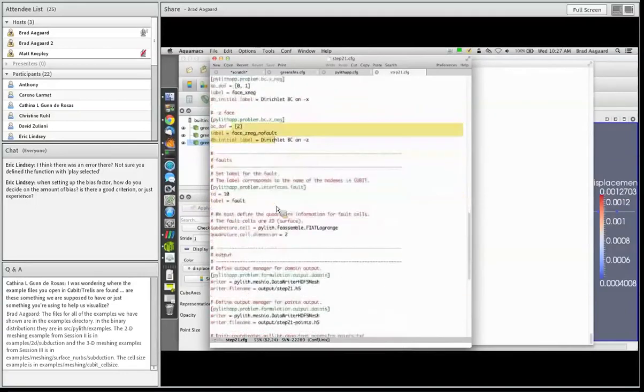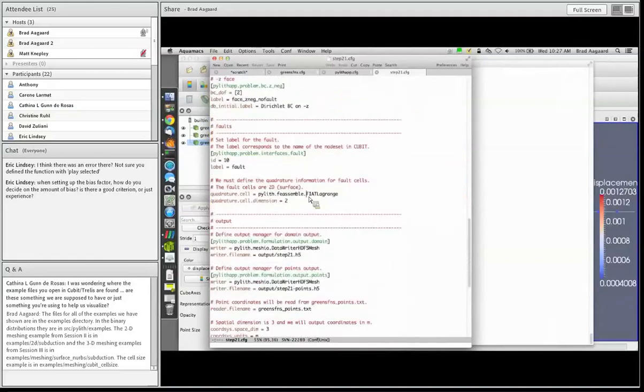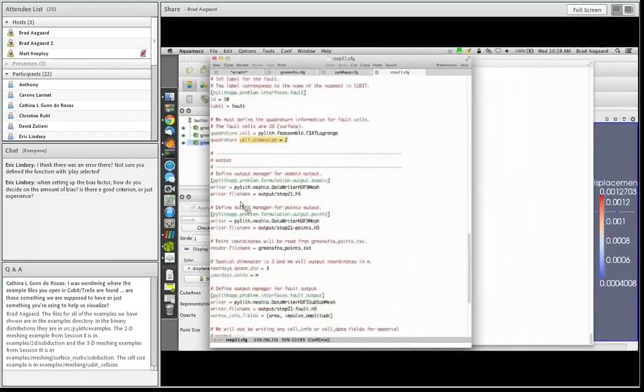Our fault output, in the info file, we're going to output our impulse amplitude. We want to check to make sure that the patch where the impulse amplitude is non-zero is the area that we expect. We're also going to output the area, which is essentially the tributary area for each of the vertices. So if we wanted to compute, say, the seismic moment, we could use these area values.